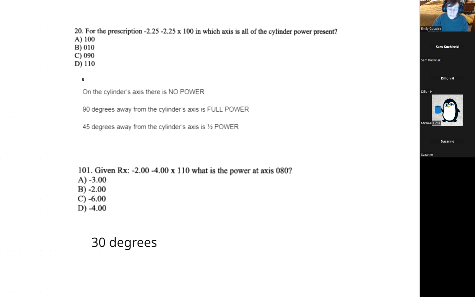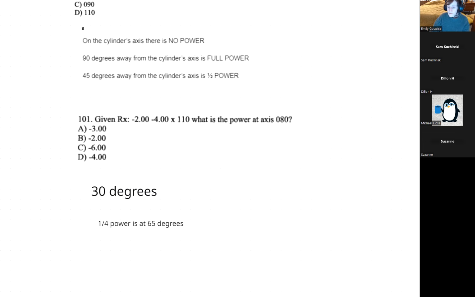So we could say, okay, if we're at a quarter power, I'm just going to write this down, at 65 degrees, right? So a quarter power, I'm sorry, I shouldn't have written that. A half power, I should say, half power is at 65 degrees. Okay.